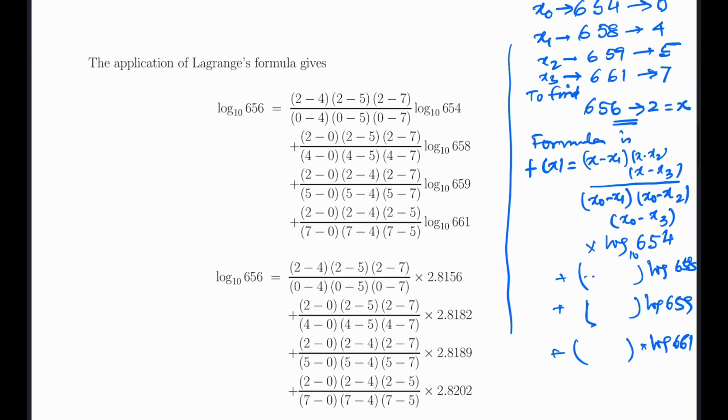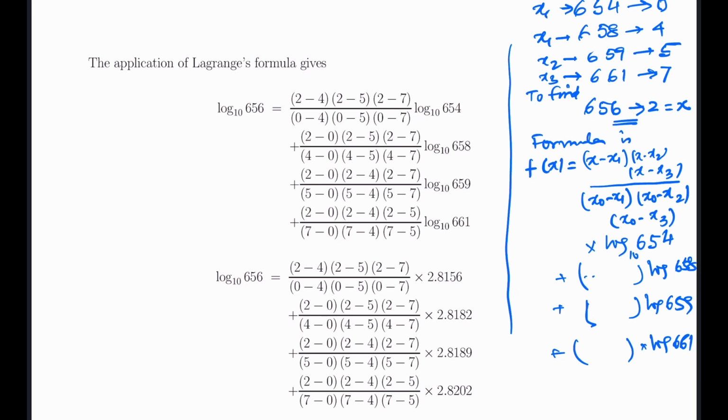See here, 654 is shifted to origin. So this is your x0. x1 is 658, which now becomes 4. 659 becomes 5, and this is your x2, and x3 is 661, which is now 7. You have to find log of 656.